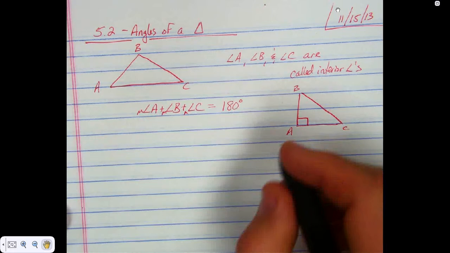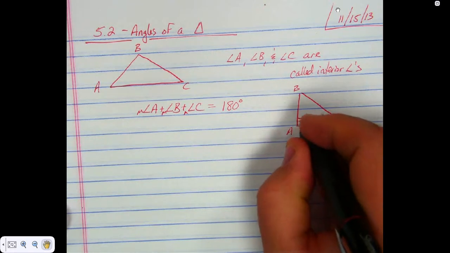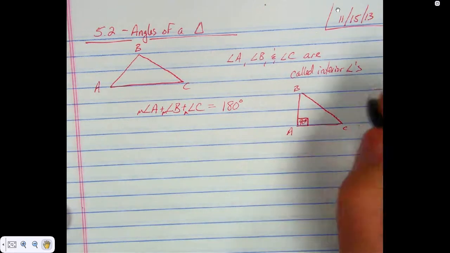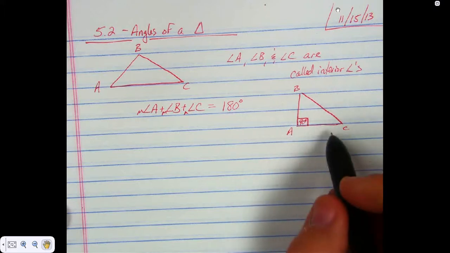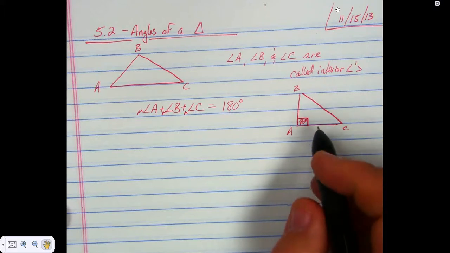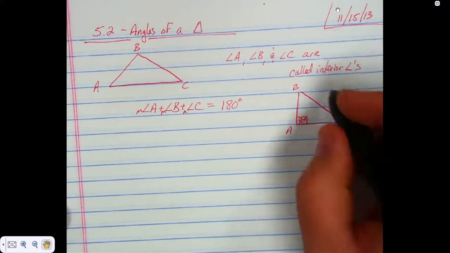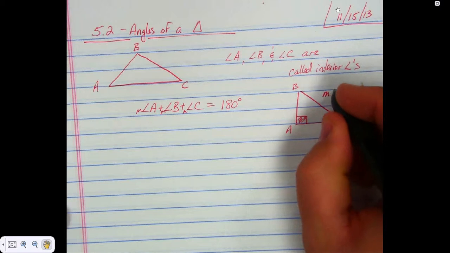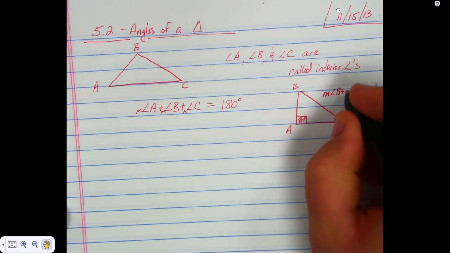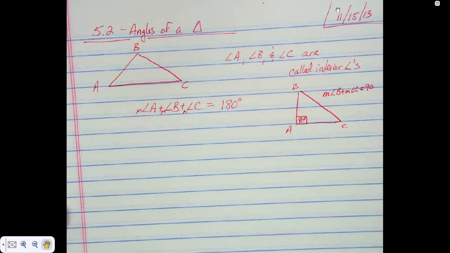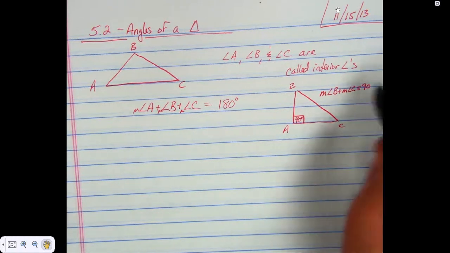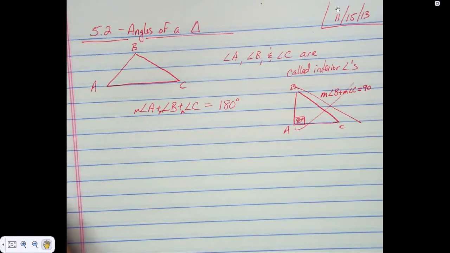It means that it's a right angle, meaning it is what? 90 degrees. Well, if this is 90 degrees, what's left for these two to be? How much is left out of 180? 90. So we could say they have a theorem that says the measure of angle B plus the measure of angle C has to equal what? 90.